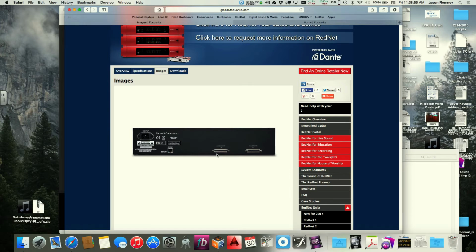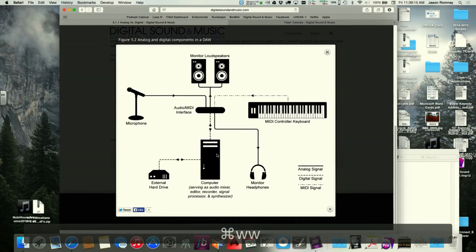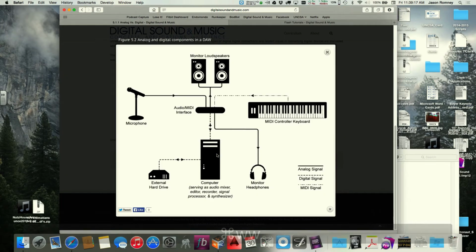Most of your digital snake protocols now are all proprietary, and AVB is ultimately going to be an open standard. So assuming you've got the switch that can connect them all together, you should be able to have all your devices talking to each other in digital using Cat5 cable. So that's kind of a relatively new development.